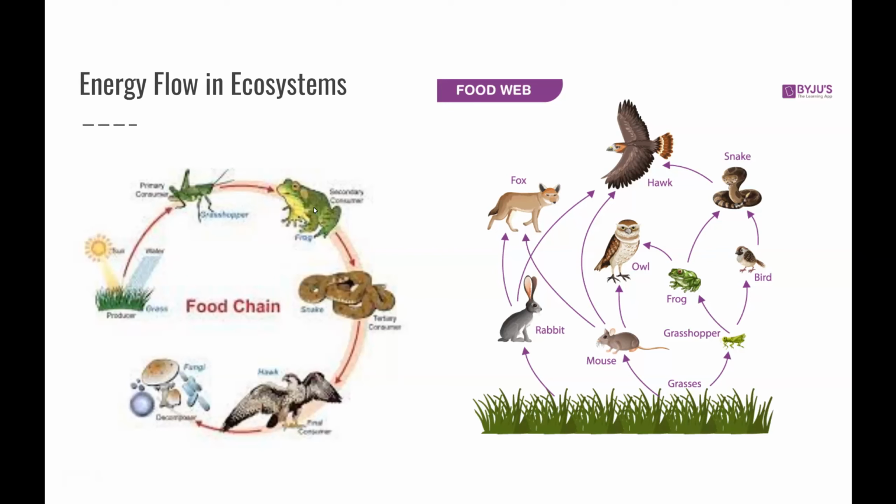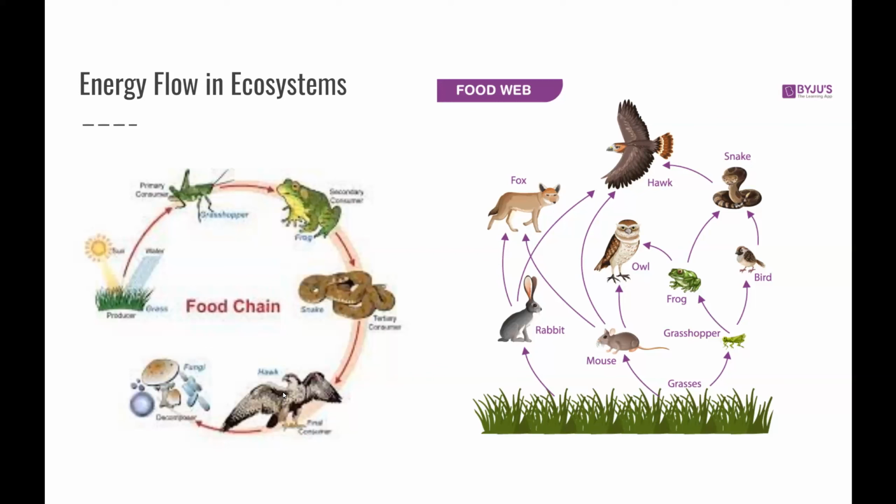They're carnivores. And then in some food chains, you have tertiary and quaternary consumers as well. So the tertiary consumers eat the secondary consumers, and the quaternary or the final consumers eat the tertiary consumers.